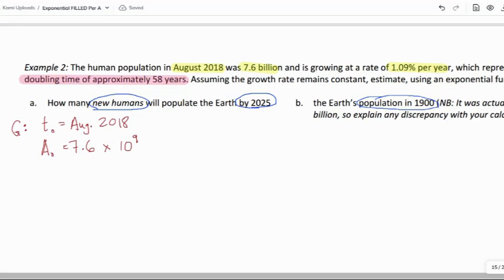We don't actually need to use it because we're told it's already been interpreted for us. What it said is if we grow at this percentage, every 58 years, our population will double. So that's the important piece, is the doubling time, right? So I'm not writing down 1.09 as a given. I'm writing down that the doubling time is 58 years.